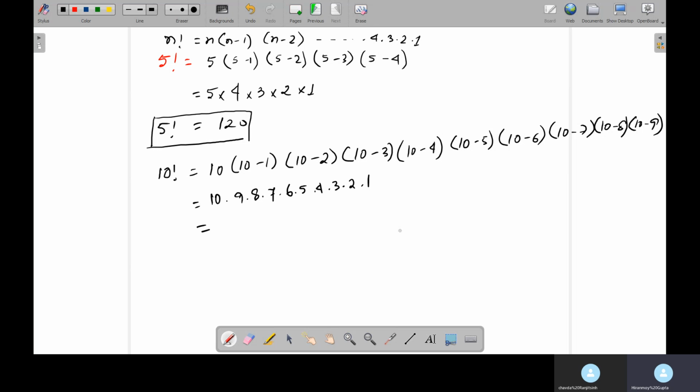If you multiply this whole expression, what will you get? You will get 3,628,800. So this expression, that means 10 factorial, will be this.